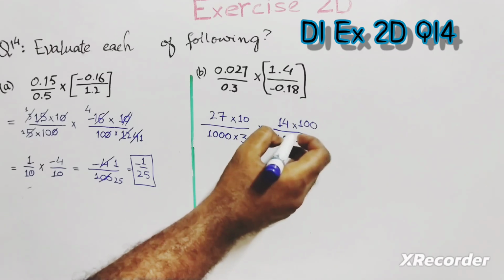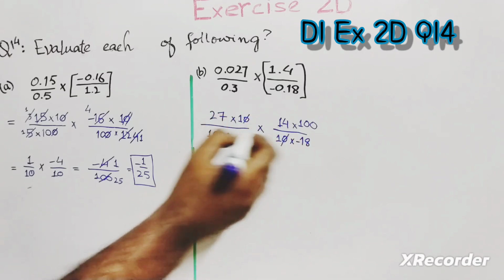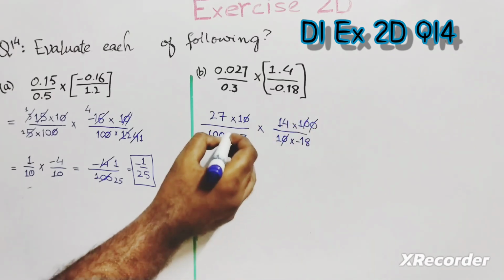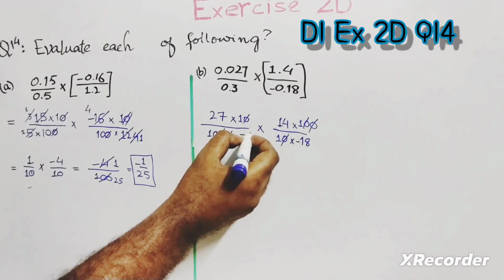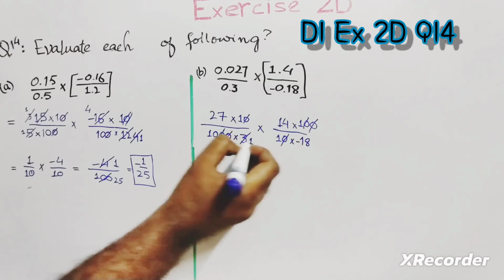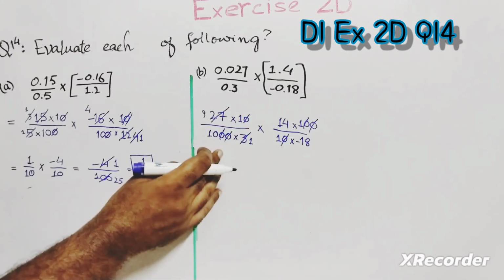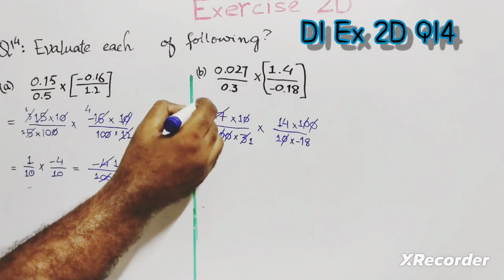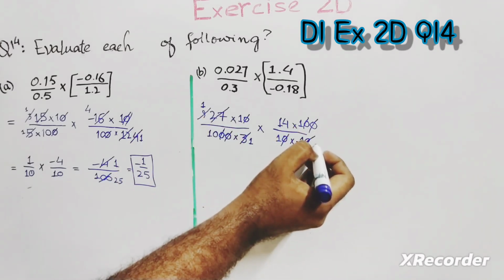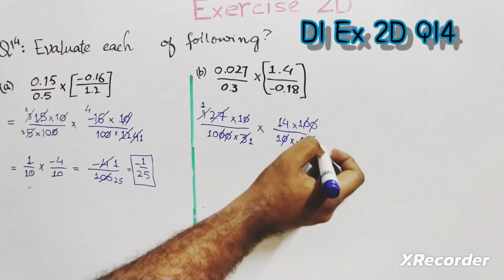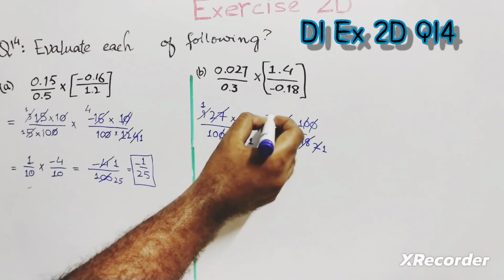Now we can cut this 0 with this 0, these two zeros with these two zeros. 3 times 1 is 3, 3 times 9 is 27. Now 9 times 1 is 9, and 2 times 9 is 18. Similarly, 2 times 1 is 2, 2 times 7 is 14.